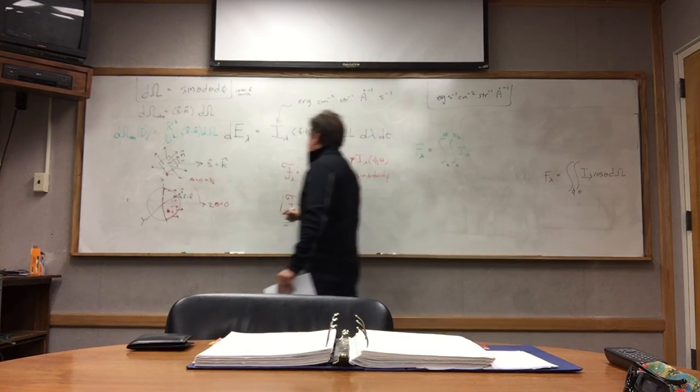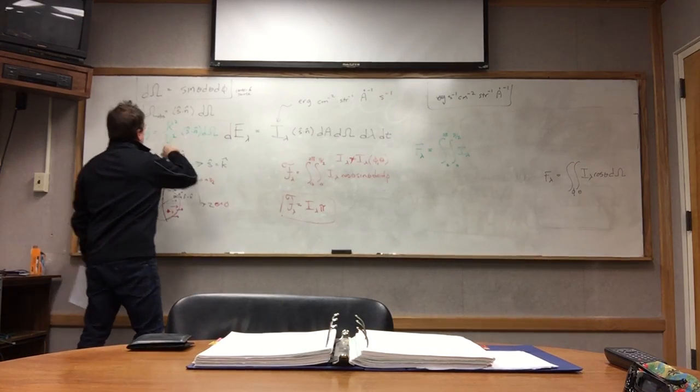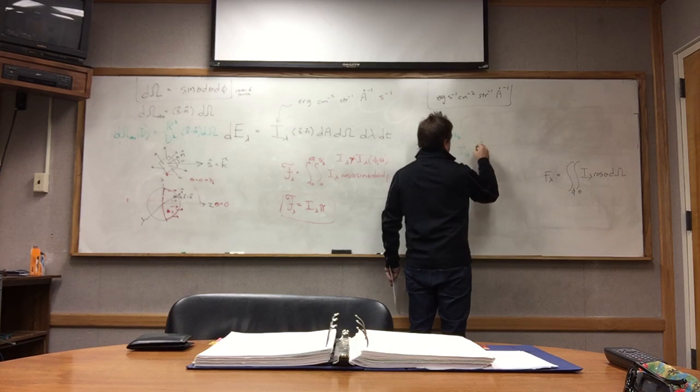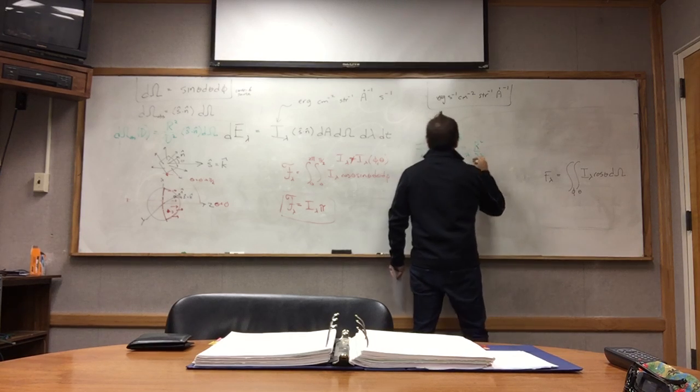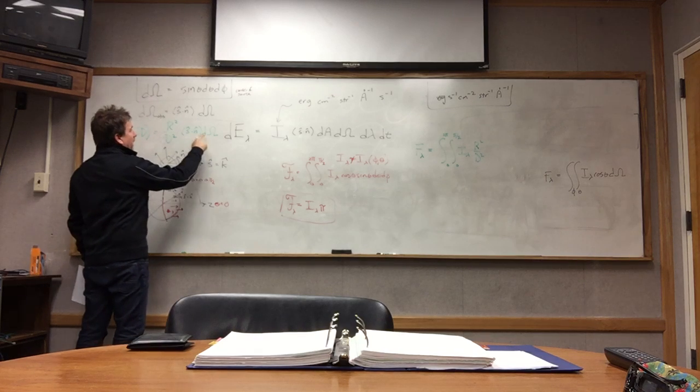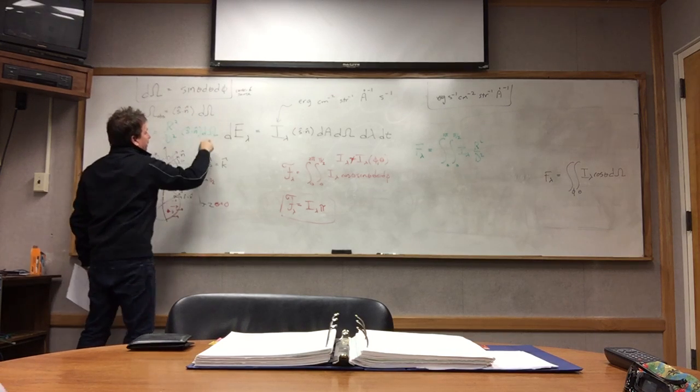But now you have r squared over d squared. And this is basically your cosine theta, and this is your sine theta d theta d phi.